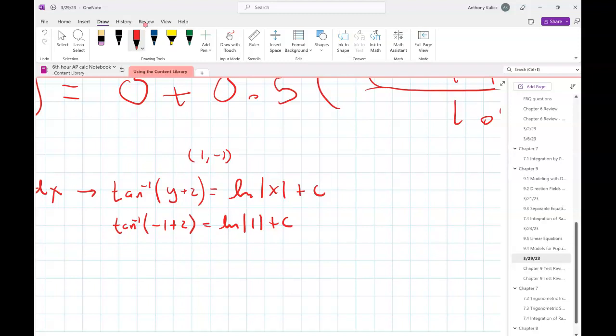So negative 1 plus 1 is 1. What's tan inverse of 1? It's pi over 4, which is 45 degrees. Yep, exactly right. Natural log of 1 is 0. So I just get that c is pi over 4. And I'm not going to try to get the y by itself.